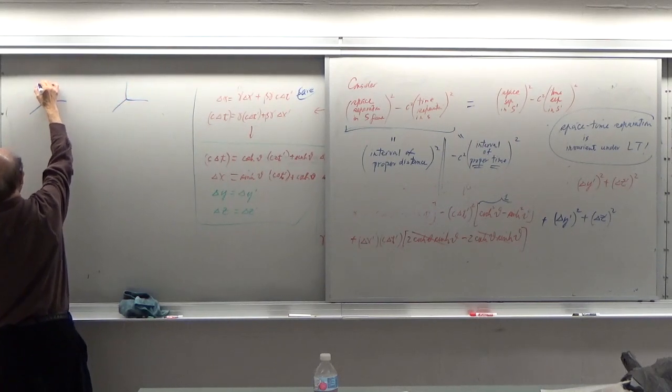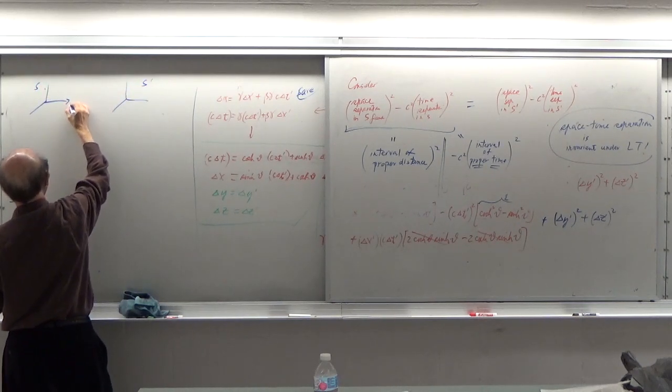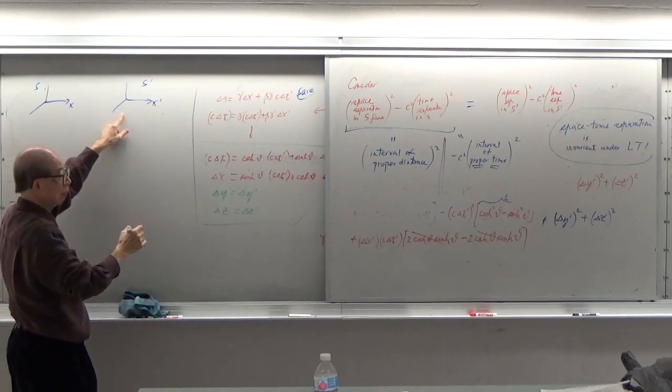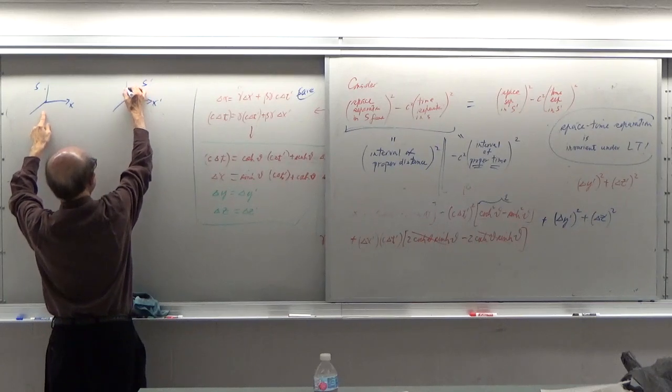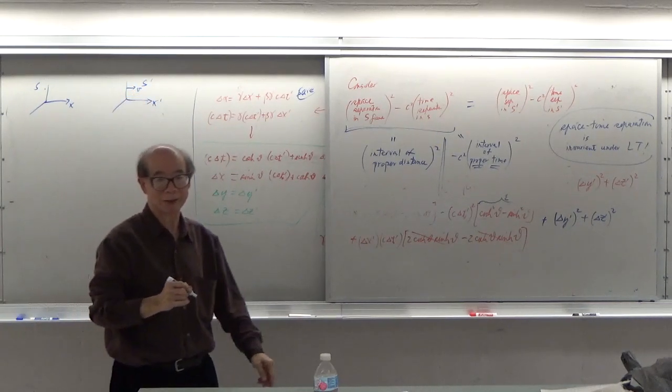This is the S frame, this is the S prime frame. And the S prime frame is always understood to move relative to the S frame with velocity to the right towards the positive x-axis.